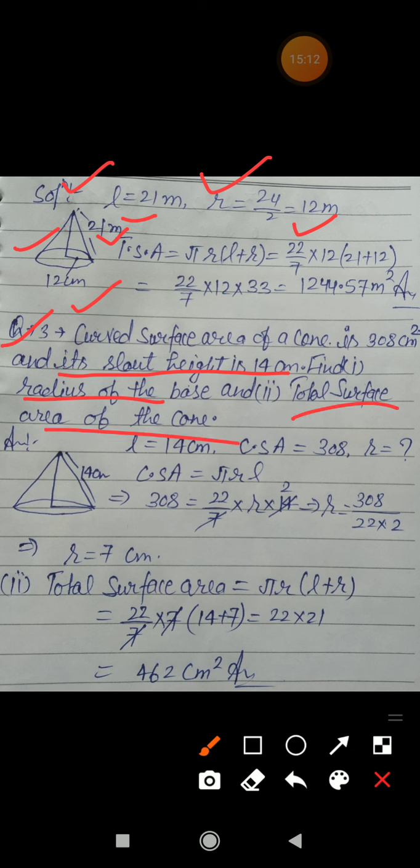So here you have L is equal to 14 centimeter and CSA, that means curved surface area, is equal to 308 centimeter square, and you have to find in your first part r, where r means radius. What is the formula for curved surface area? You know very well CSA is equal to πrL, and then put the values.